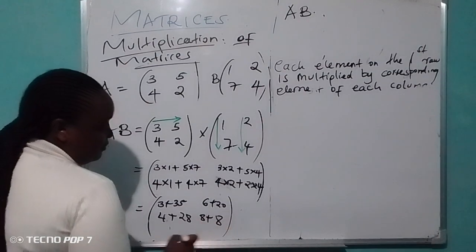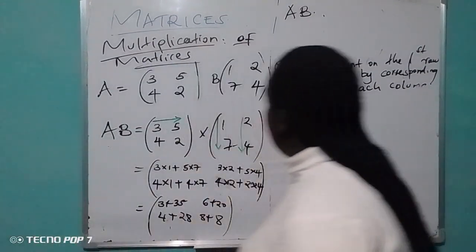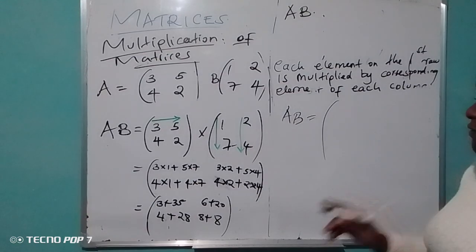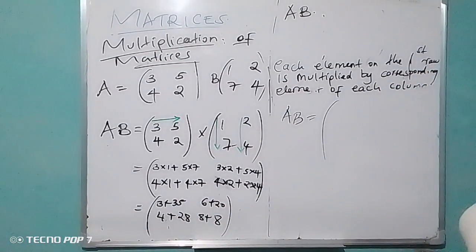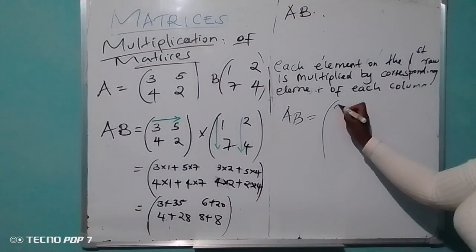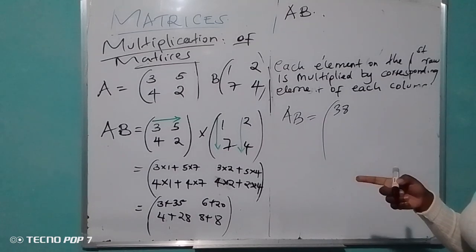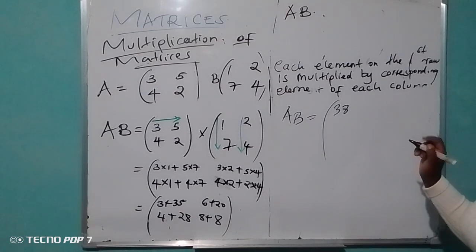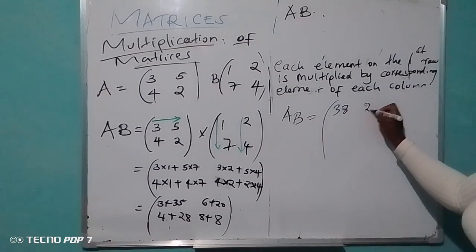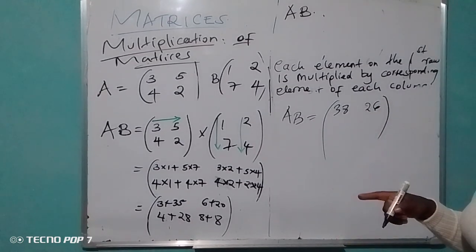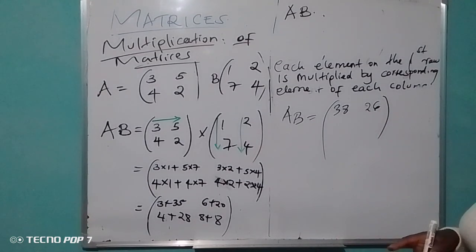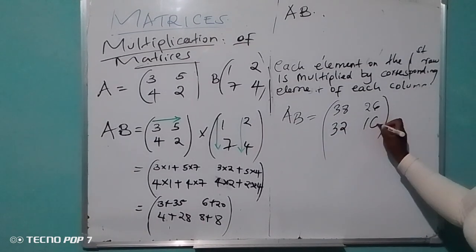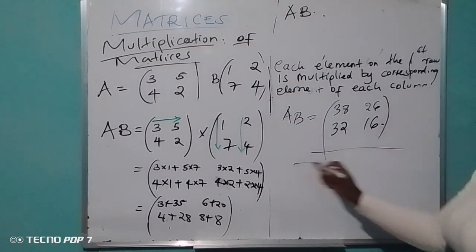So our answer of AB is equal to 35 plus 3, 38. 20 plus 6 is 26. Then 4 plus 28, 32. 8 plus 8 is 16. So AB is that.